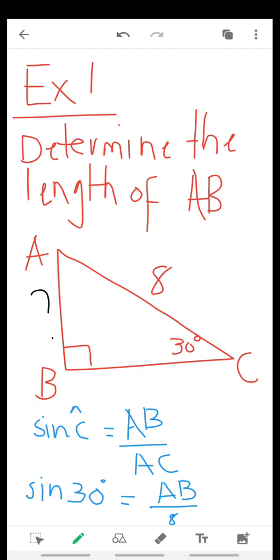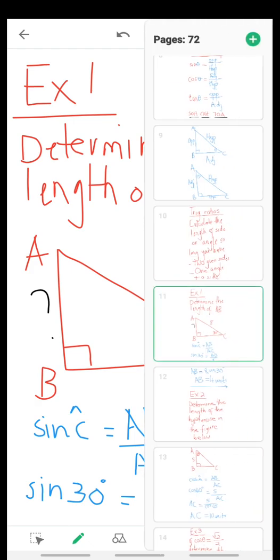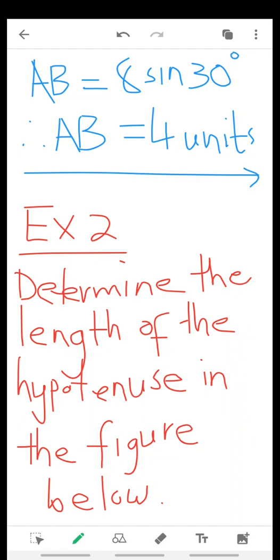The length of side AC is 8. So making AB the subject of the formula, we find that AB equals 8 sine 30 degrees. This then gives us AB equal to 4 units.